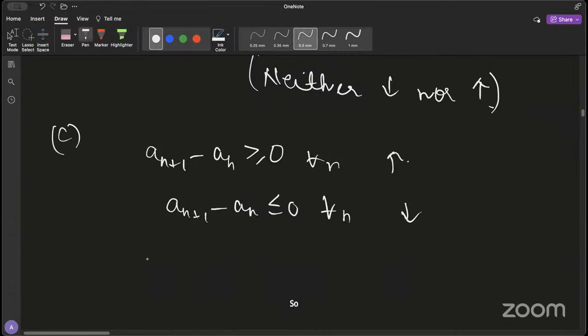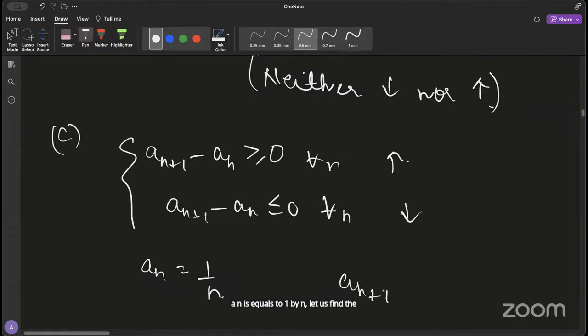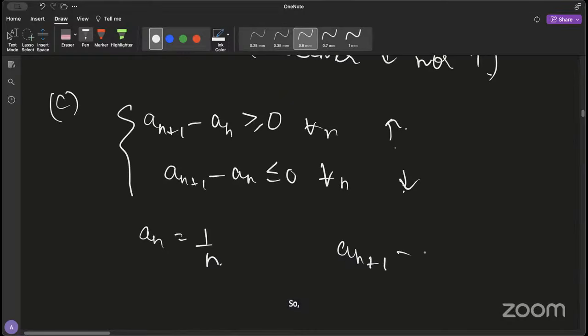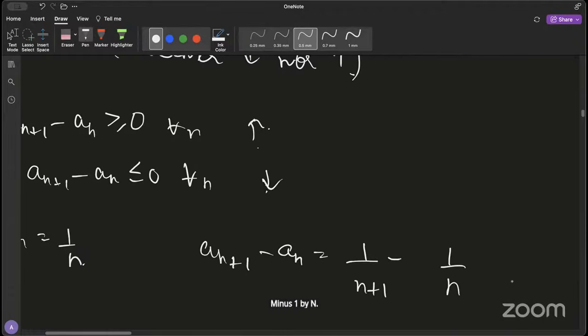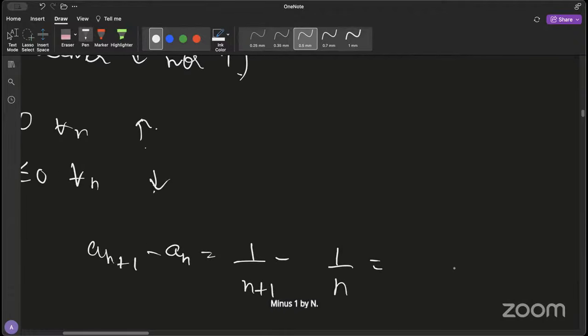So this time our sequence is this one. a_n is equal to 1 by n. Let's find the sign of it. Whether it's increasing or decreasing is decided by the sign of a_(n+1) minus a_n. So a_(n+1) minus a_n gives me 1 by n plus 1 minus 1 by n, which is n minus n plus 1, over n plus 1 and n.